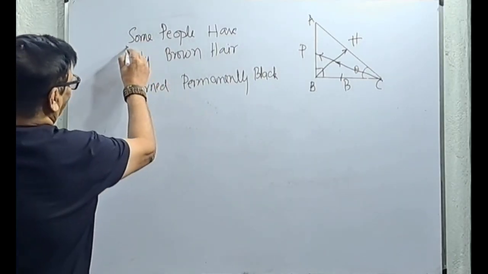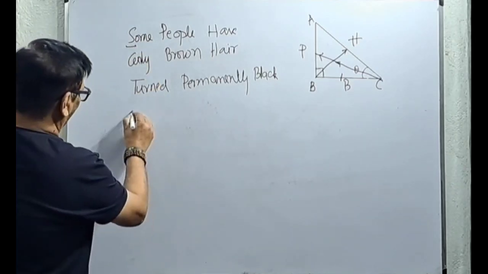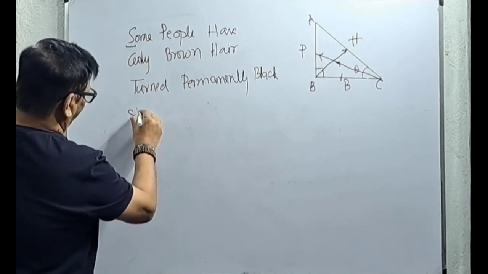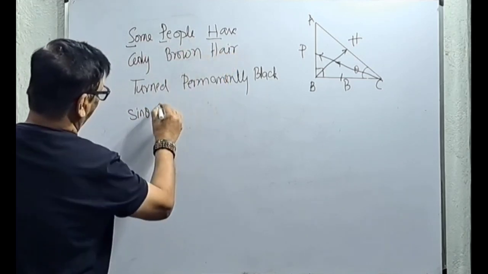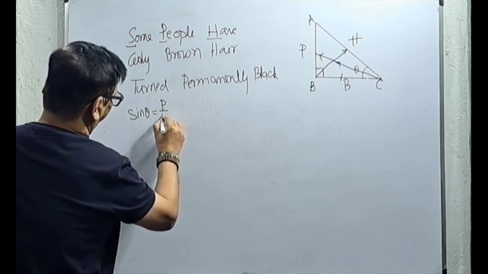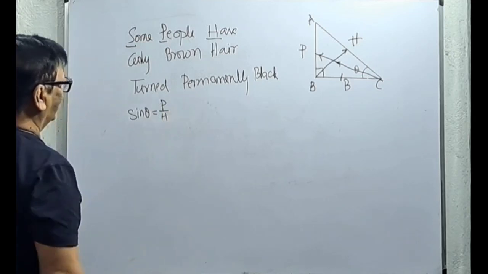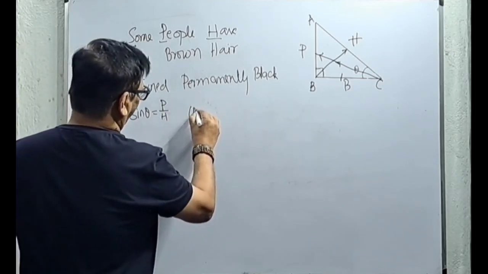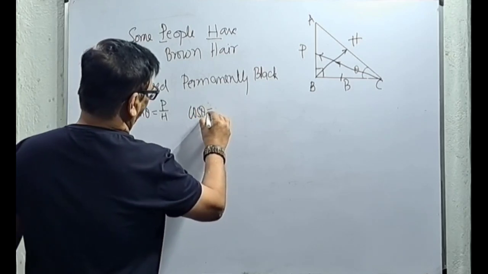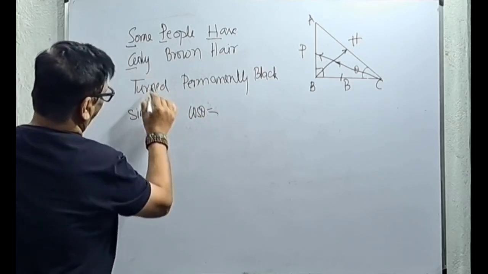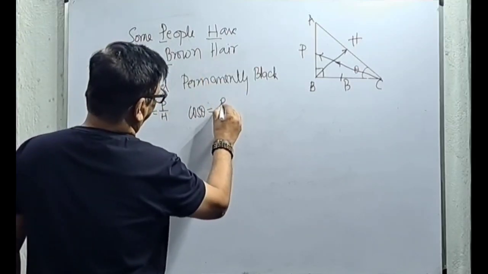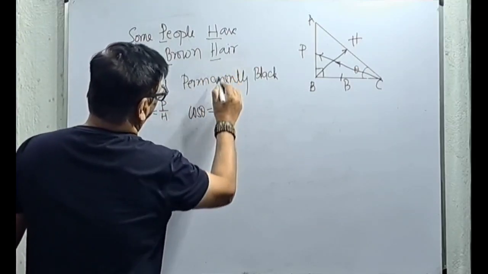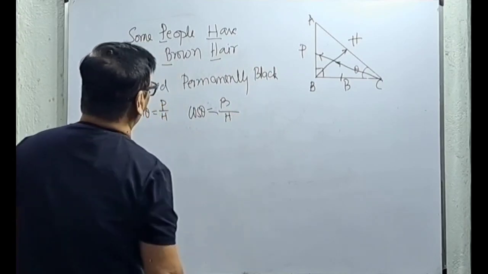So this S, so sine theta will be people have perpendicular by hypotenuse, right? Then cos theta is equal to, C is for cos, base by hypotenuse, right?